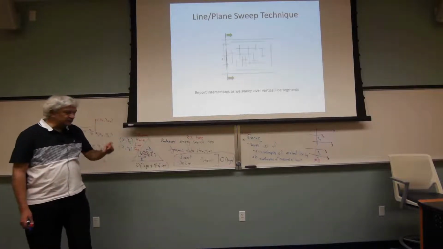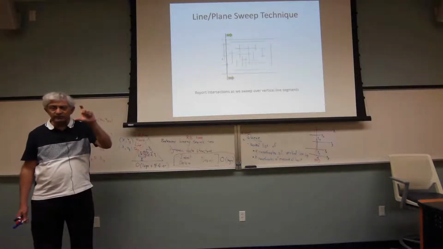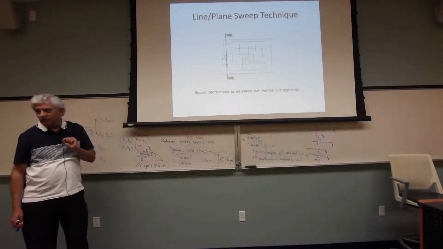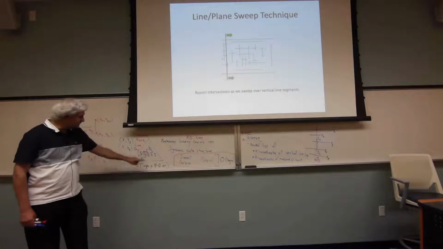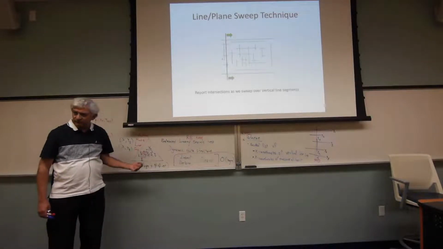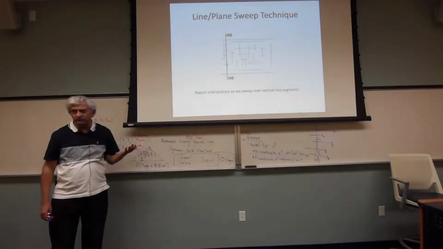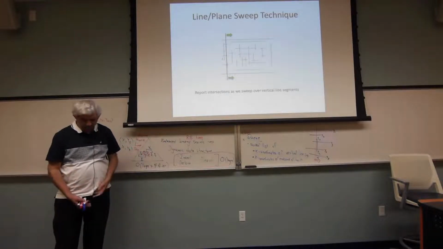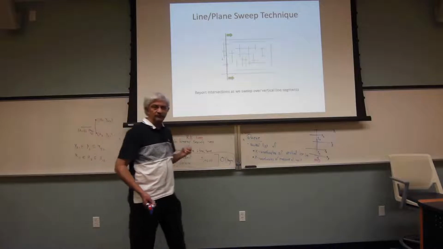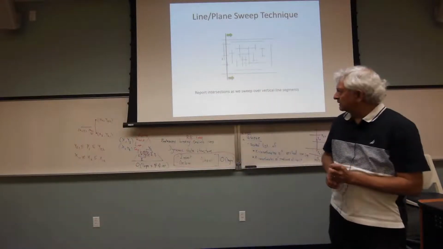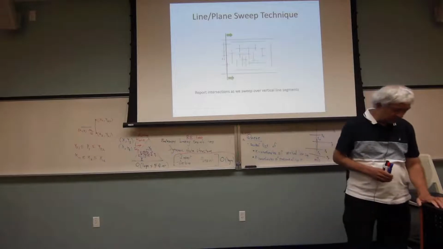At that x coordinate, we're going to figure out what the range of y coordinates the vertical line segment has, look over here, find all the horizontal line segments it would intersect, and report those. So 3 different events and 3 different kinds of tasks. That gives us a very simple algorithm.